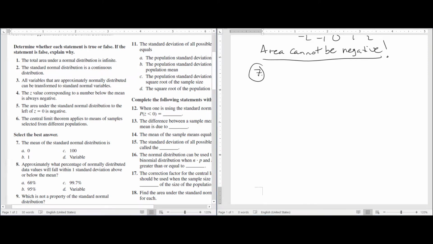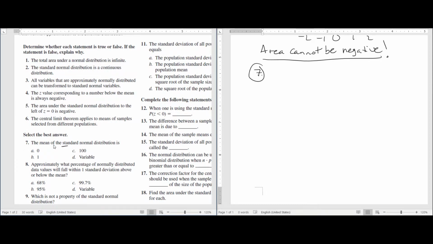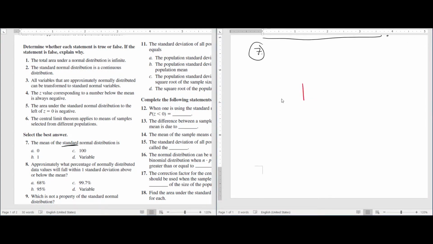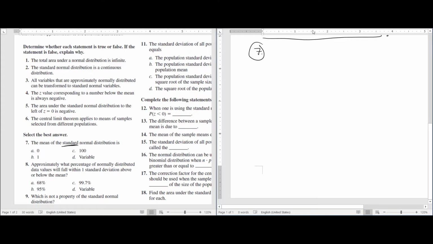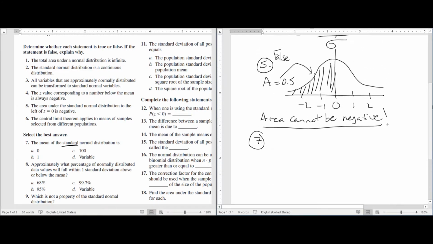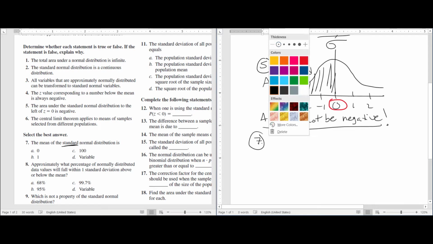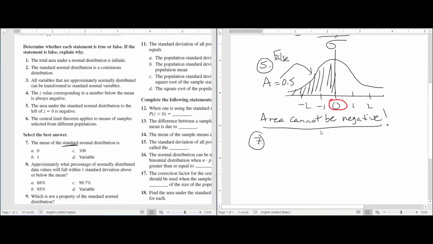However, the mean of the standard distribution is always going to be 0, because remember, just like we did up here, the mean is right there. It's going to be 0. So the mean is 0. So this answer is A.